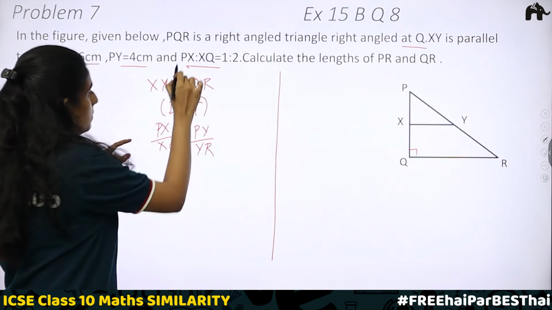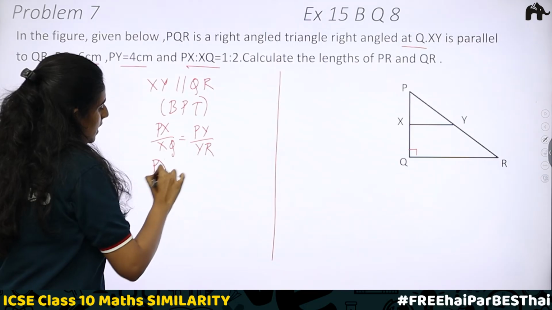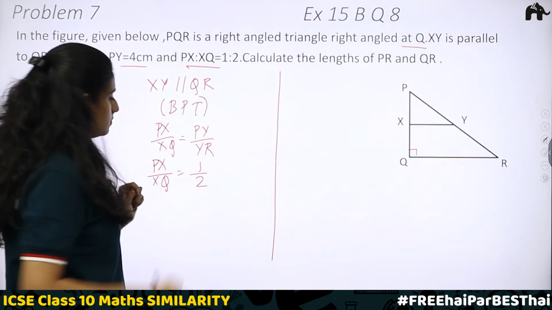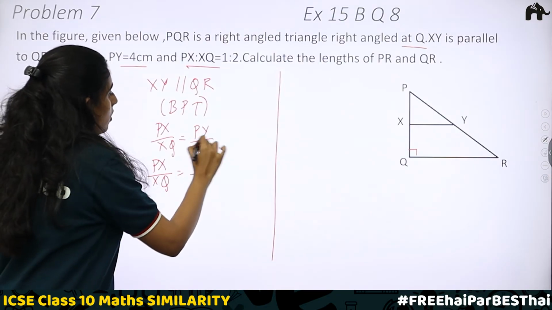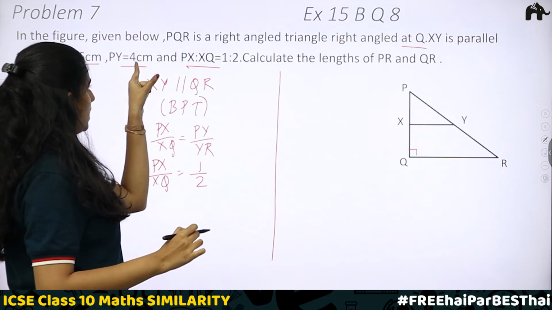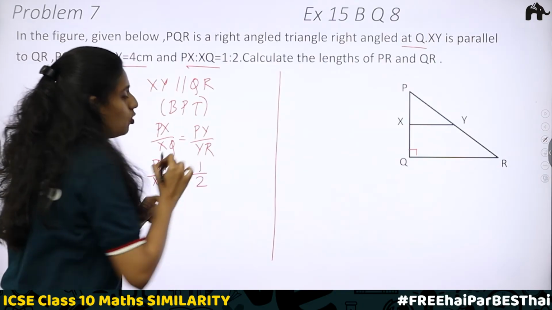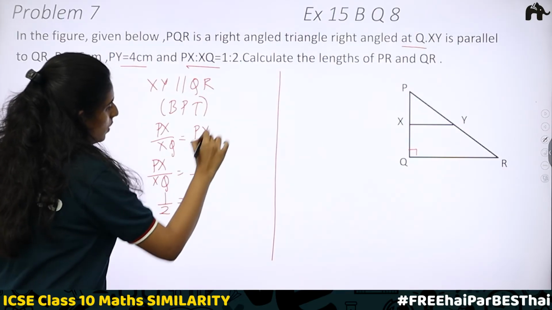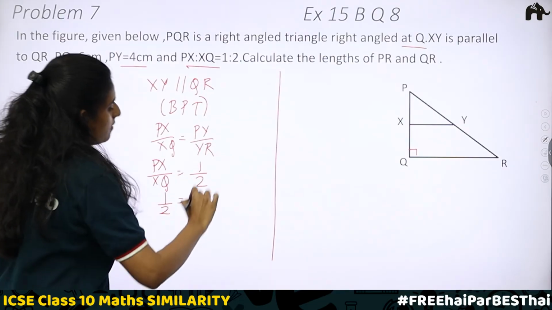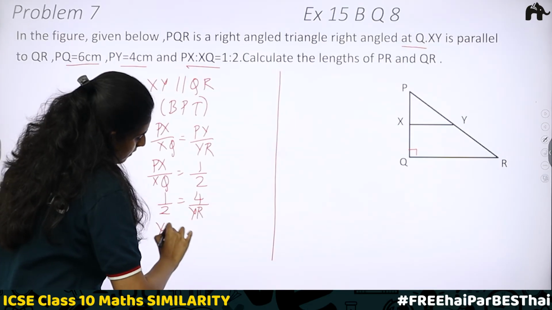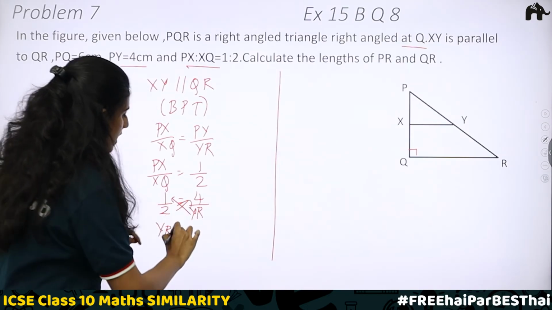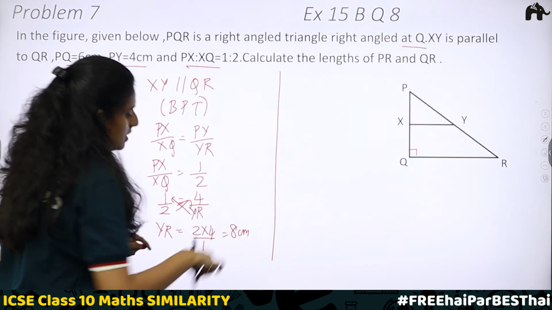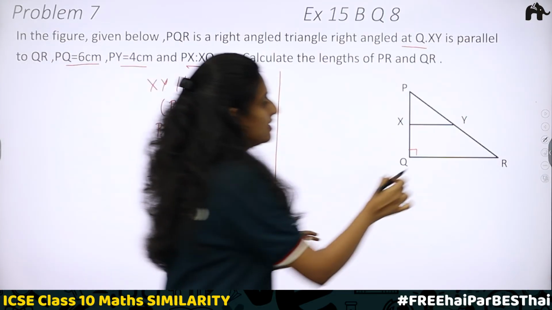Here it is given that PX by XQ is equal to 1 is to 2, that is 1 by 2. Also given the length of PY, PY is 4 centimeter. From this we can find YR. PX by XQ is 1 by 2, that is equal to 4 divided by YR. On cross multiplying, we get YR is equal to 2 into 4 divided by 1, that is equal to 8 centimeter.